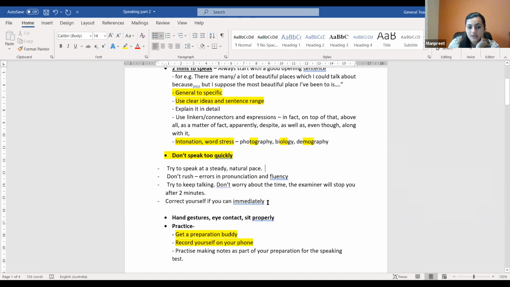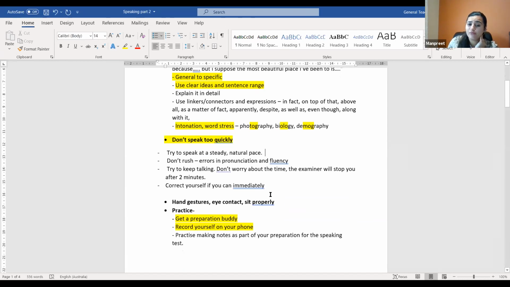And while you're speaking, if you feel you've made some error, let's say you've mispronounced a word, or you used the wrong tense, so instead of using the past form, you used the present form, in that case, if you know the correct version of it, quickly correct yourself.